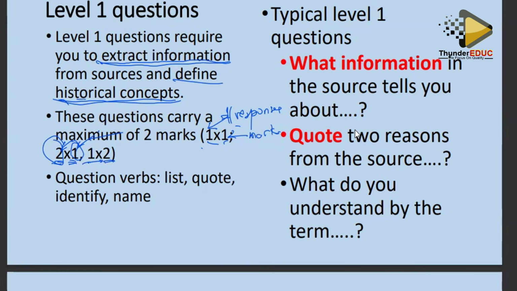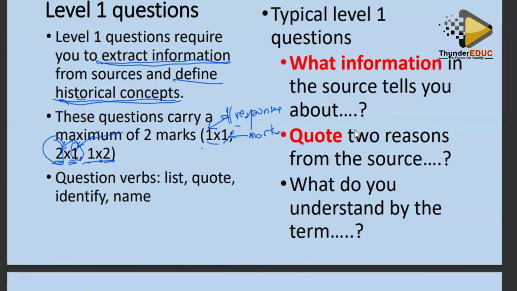For you to get 1 response with 2 marks, that response must be detailed. You must give a full statement, or a full explanation of that particular event or requirement of the question, so that you get 2 marks. You cannot get 2 marks by just listing, naming, or stating. This is a question which requires you to give details.